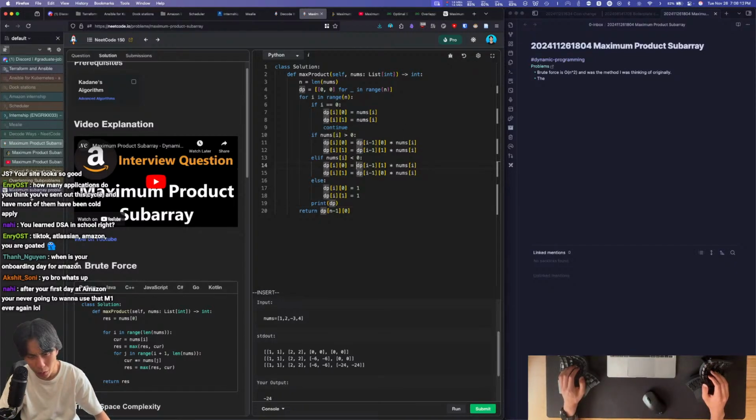So max of dp[i-1], 0. And similar thing here, but for the min. So min of dp[i-1], 1.